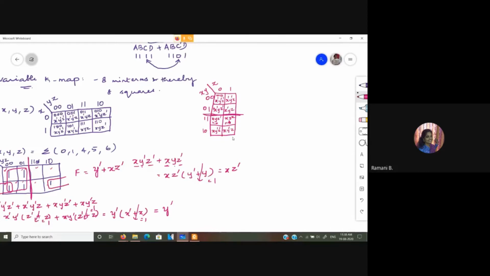So for this same problem, if I am going to do it with this K-map, you will have XY 0, 0, 0, 1, 1, 1, 1, 0. So we have 0, 1, 4, 5 and 6. This is what we have, right?